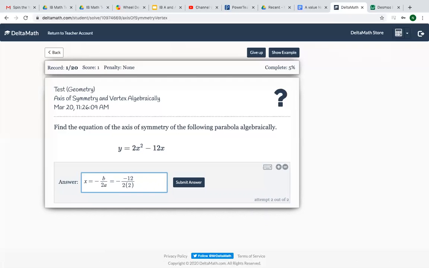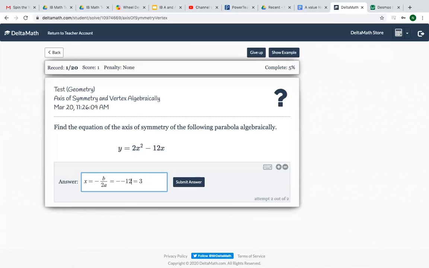So this is the formula. Najee, you might want to see this too. This is the formula for finding the axis of symmetry, negative b divided by 2a. So my b is negative 12 and my a is 2. So I just plug those in. Negative 12 divided by 4 is negative 3. So I would have negative times negative 3, which is just 3.